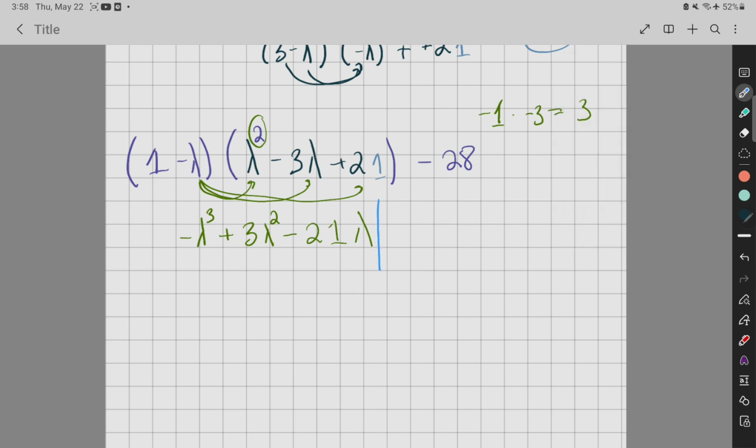Now, you can erase this line during your test, because this is just for separation purposes, so you don't get confused and start writing stuff twice. This just lets me know that I am done with multiplying lambda by all of this. Okay, now we're going to go on to this part. That's really all I do.